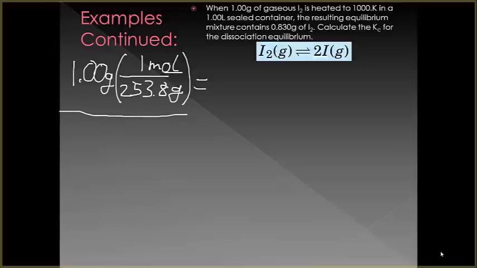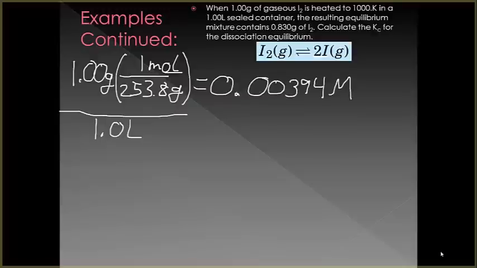Now remember, we want concentration, so we're going to divide this whole thing by 1, which keeps the number the same. So we have this concentration. Now that was initially.